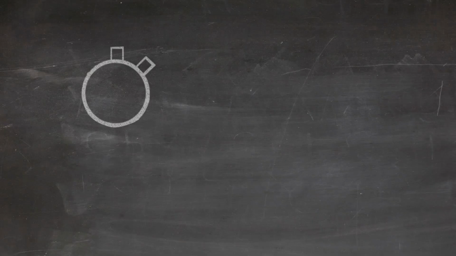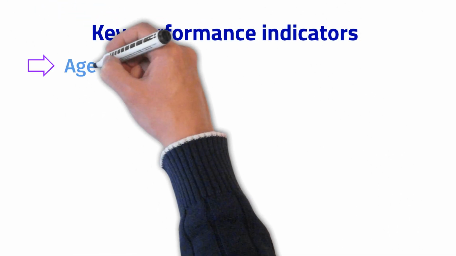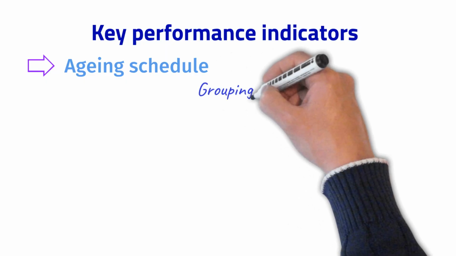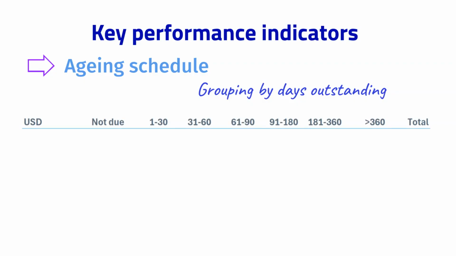What are the KPIs which we use for accounts receivable? The first one is the mentioned aging schedule. It groups receivables by days outstanding. It helps you set allowance and target collections and can look like this. Columns with the following categories: not due, overdue 1 to 30 days, overdue 31 to 60 days, 61 to 90 days, overdue 91 to 180 days, overdue 181 to 360 days, and overdue for more than 360 days.